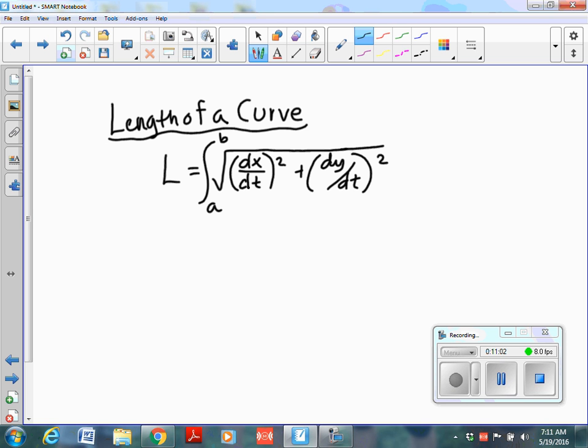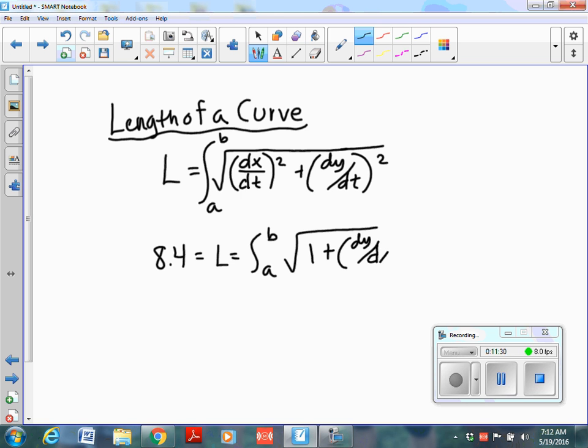If you look back on Chapter 8, you're going to see the length of the curve on 8.4. Do you remember that the length of the curve in 8.4, you're going to integrate from a to b the square root of 1 plus dy dx squared?